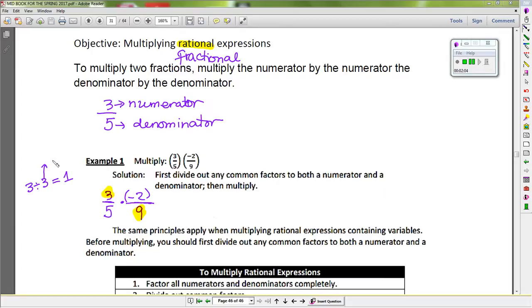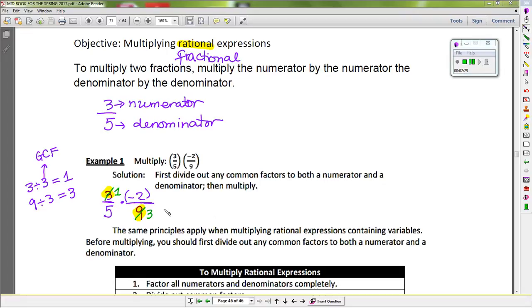Now 3 is the greatest common factor, and 9 divided by 3 will give us 3. So we take each number divided by the greatest common factor. Therefore, right here I'm going to cross it out, and that gives me just 1. And the 9, cross it out, and that gives me 3.